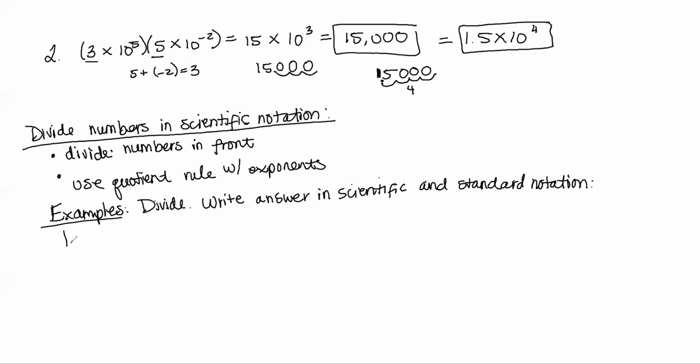So number 1, 4.8 times 10 to the second over 2.4 times 10 to the negative third.